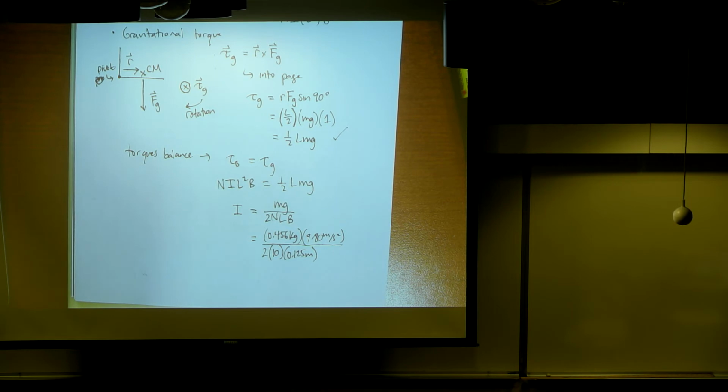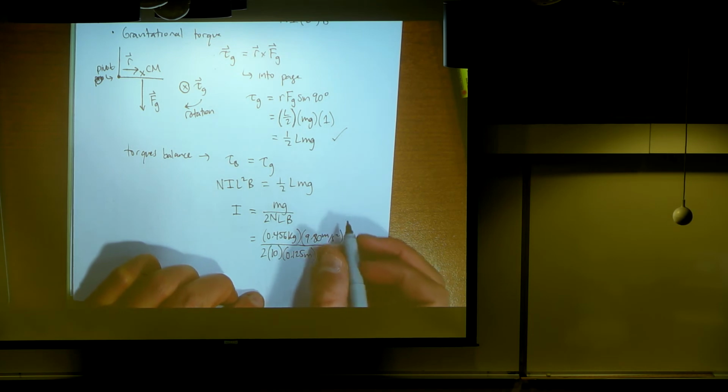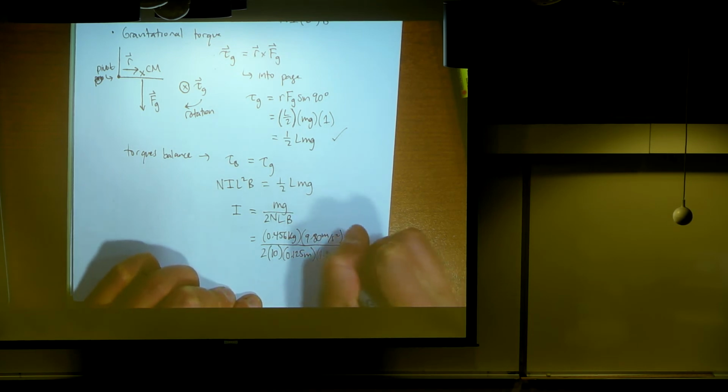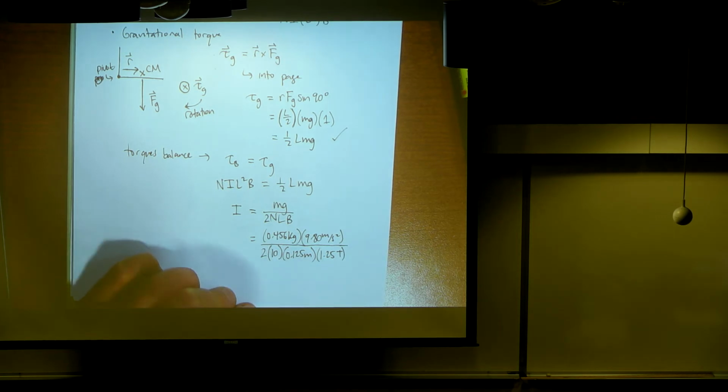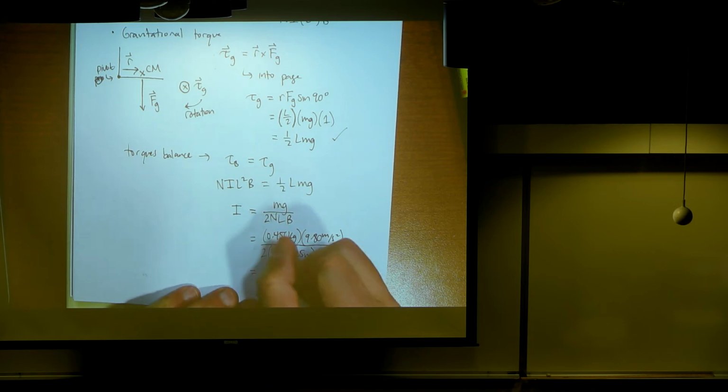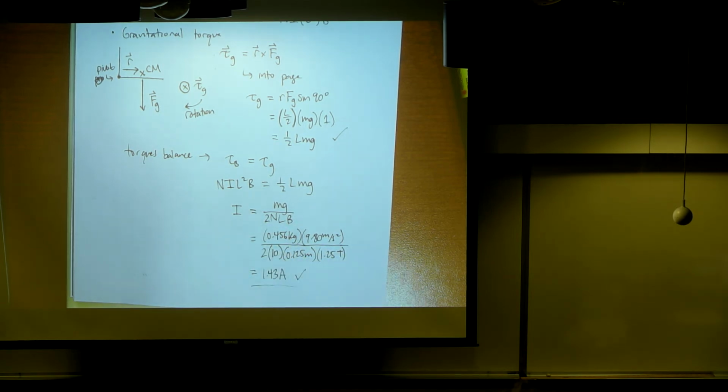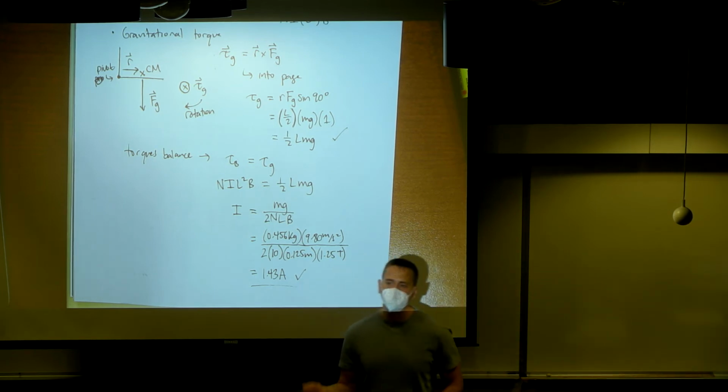Remember, you want to get everything in SI units before plugging things in, so that what you get out has SI units. I think that's the best way to go. Okay, then B, what was that? That was 1.25 Tesla. So, can someone work this out for me, what it comes out to? 1.43 amps. Yeah, it's going to take 1.43 amps of current for this to work out. Okay? Do we have any questions on this one?